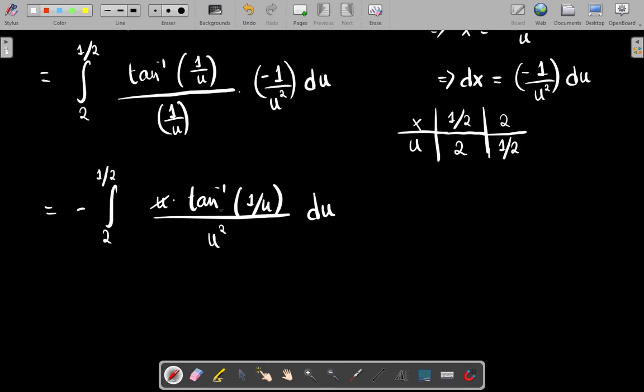I can cancel one u here. Again there is a minus sign, so if I change the limits, this minus sign will go away. So this now becomes the integral from half to 2 of tan inverse 1 by u upon u du.